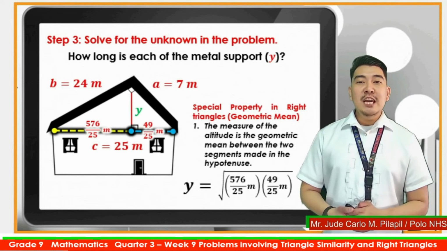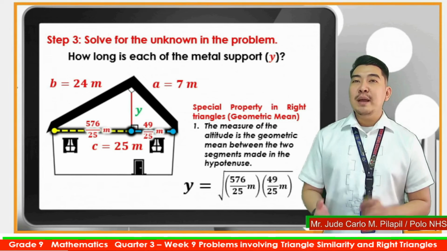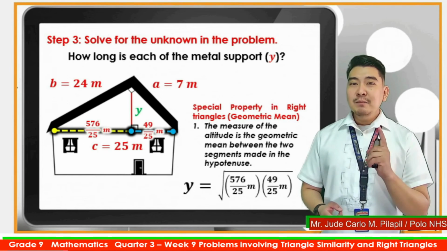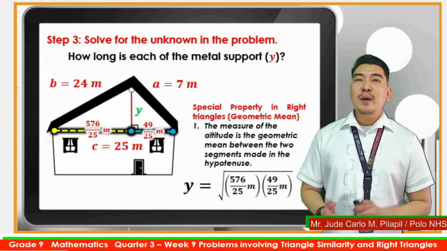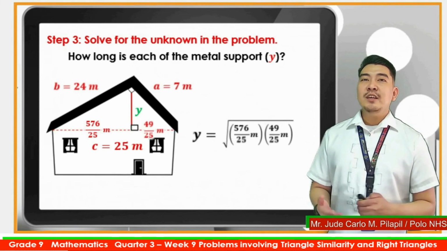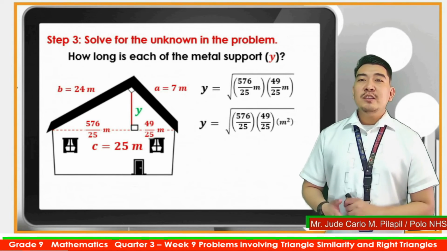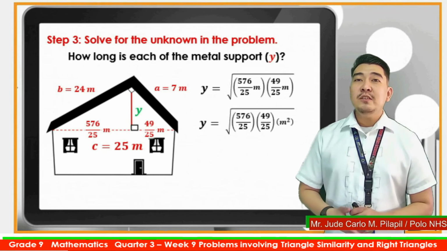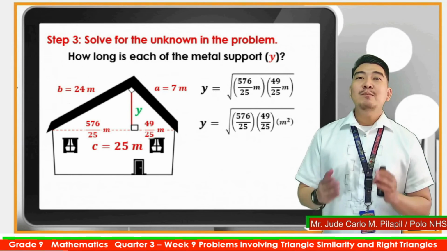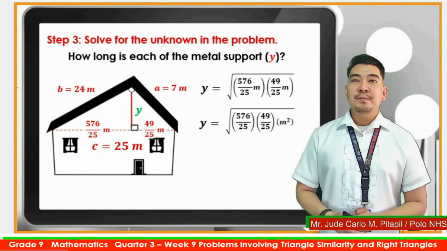Or Y is equal to the square root of 576 over 25 meters times 49 over 25 meters. Simplifying the equation, it will result to Y is equal to the square root of 576 over 25 times 49 over 25 times square meters.